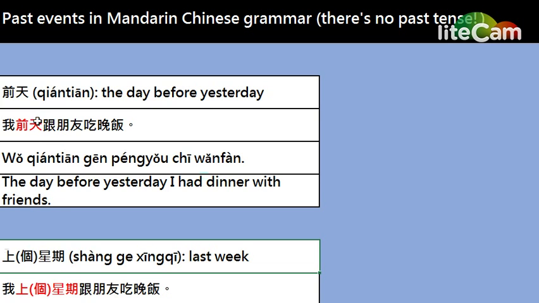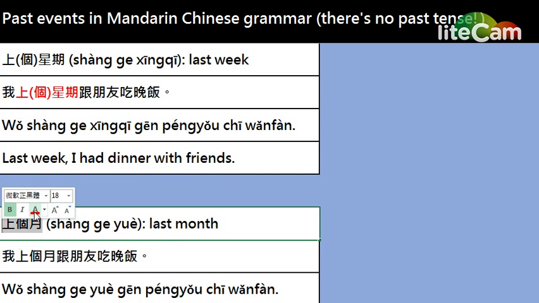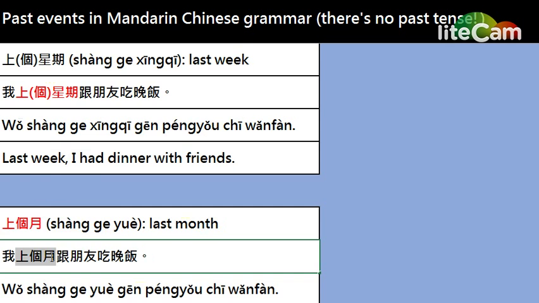We just change the time word from 前天 to 上星期. And here, 上个月. We put different time words in the same location in order to indicate different times when we did something in the past.